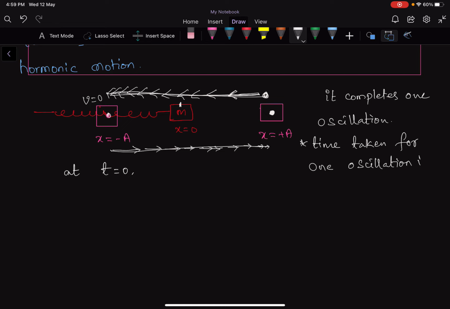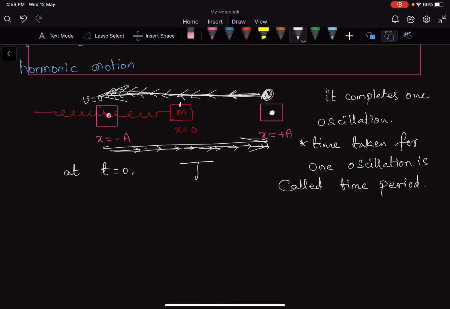Time taken for one oscillation is called time period. So the total time taken from here to here and here to here is T.